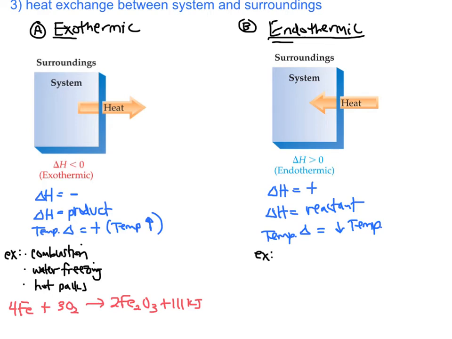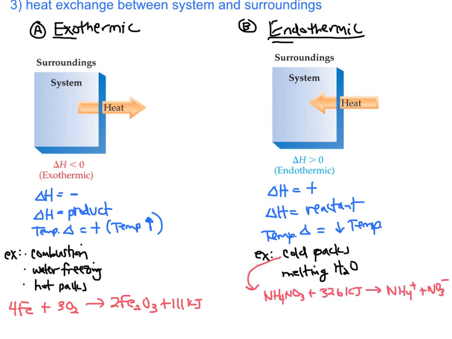Examples of an endothermic reaction would be those chemical cold packs that you crush up and they get cold. Also the melting of water, because you are having to input energy to get water to melt. And an example of a thermochemical equation for an endothermic reaction would be what's happening inside of those chemical cold packs.